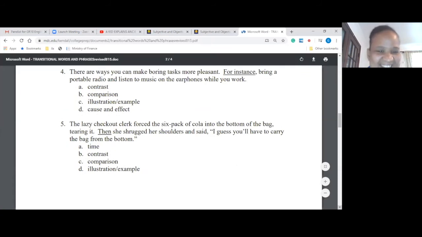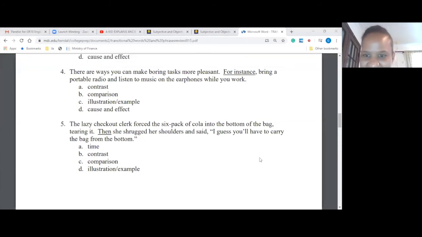The lazy checkout clerk forced the 6-pack of cola into the bottom of the bag, tearing it. Then she shrugged her shoulders and said, I guess you'll have to carry the bag from the bottom. So then it's showing us what? Time. Great job, Raymond, Jody, and it's going so fast.